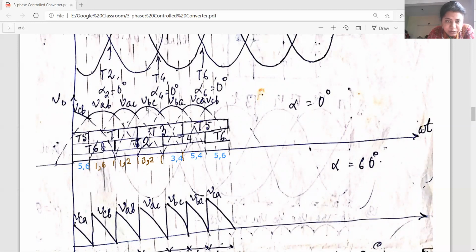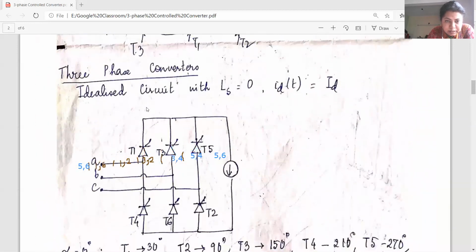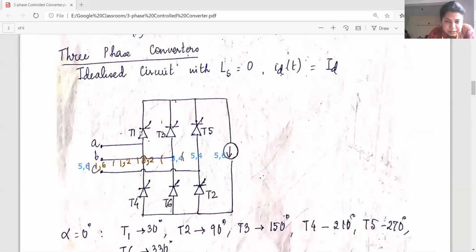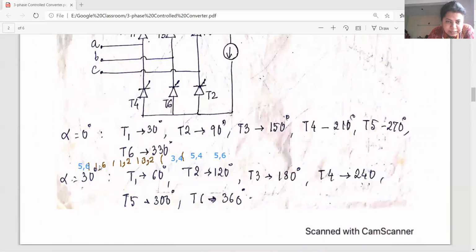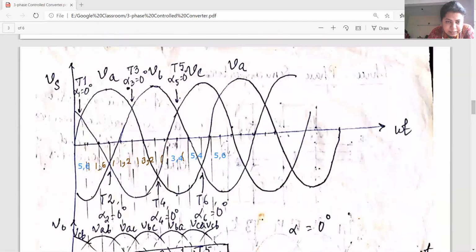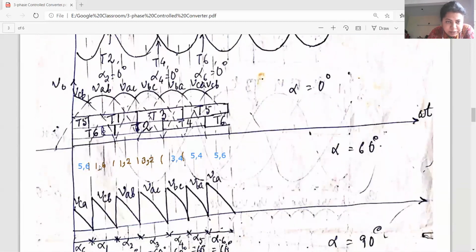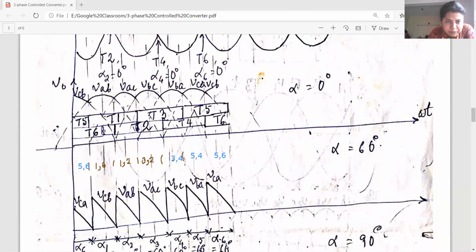Now, if 1 conducts and 2 conducts, the voltage across the output will be VAC. Yes, it's VAC at the output. This goes on cyclically. That means here it's VAB, VAC, VBC, VBA, VCA, VCB, here again this.